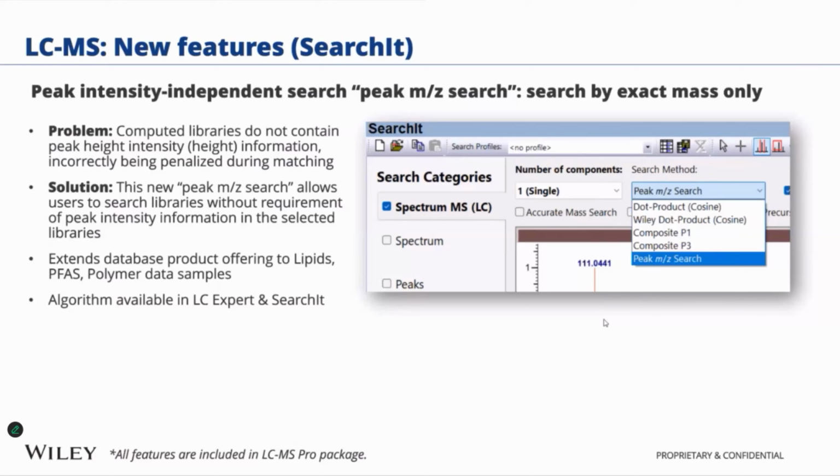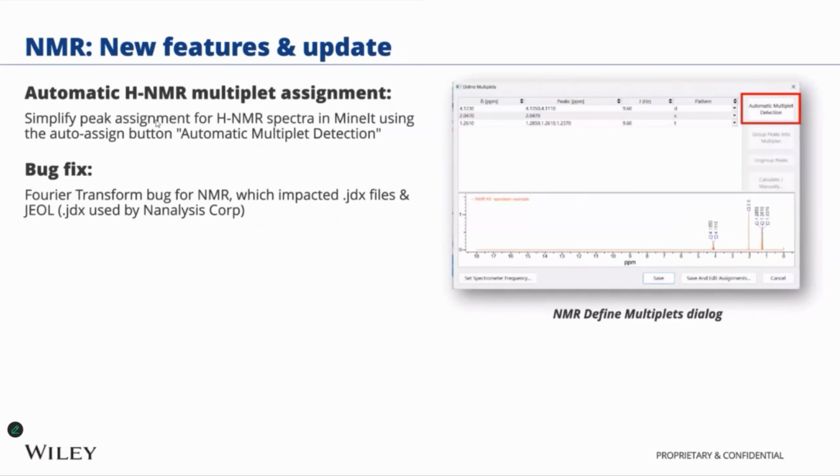And also, we offer this new algorithm just to do peak m/z search without considering intensity. For NMR, we have a button for the user to easily click, and then we automatically assign the splitting patterns, which can be adjusted by the user manually. That helps save a lot of time.